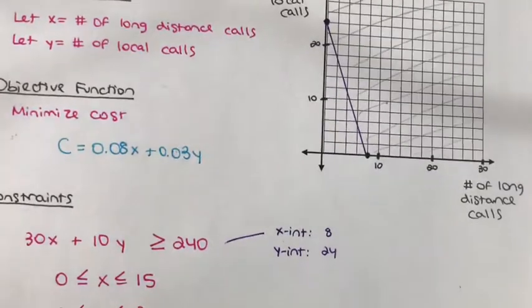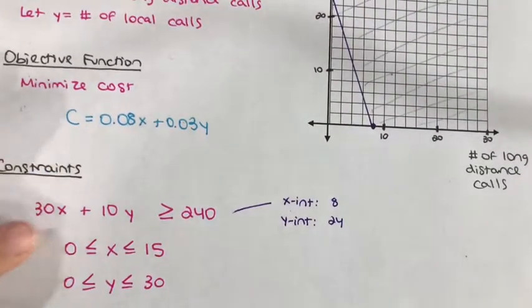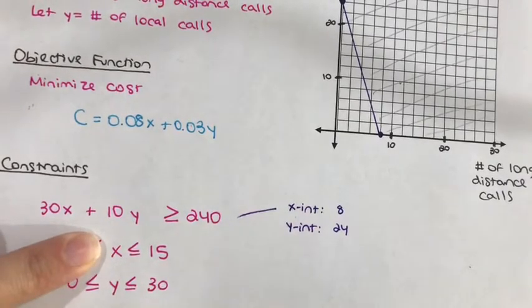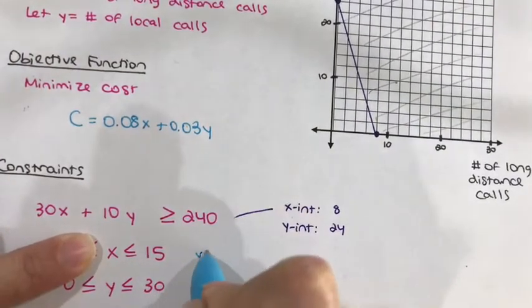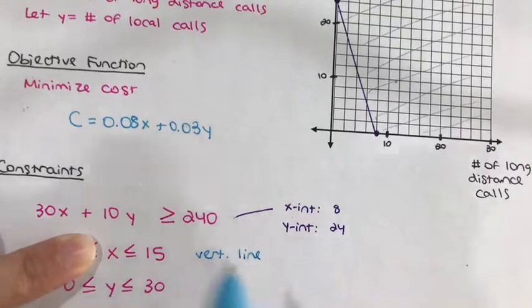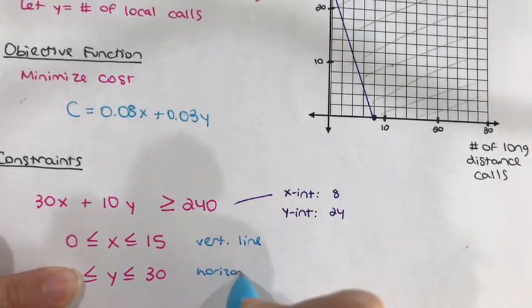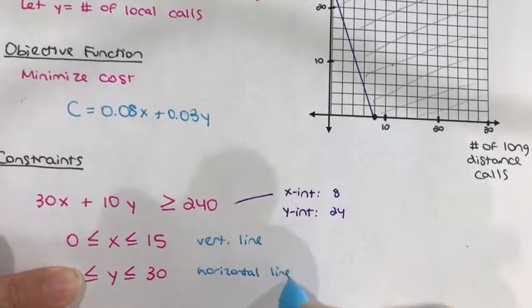Okay. Now, our next inequality says x is less than or equal to 15. Remember that this is a vertical line. And our next one is a horizontal line.